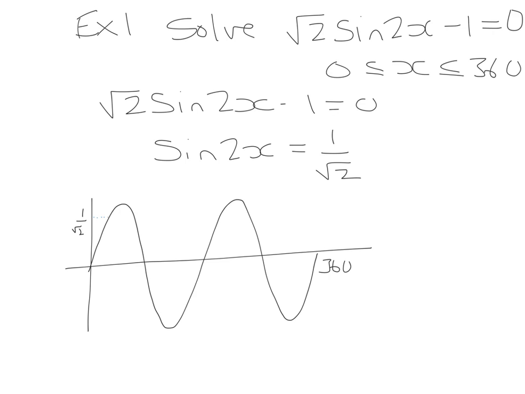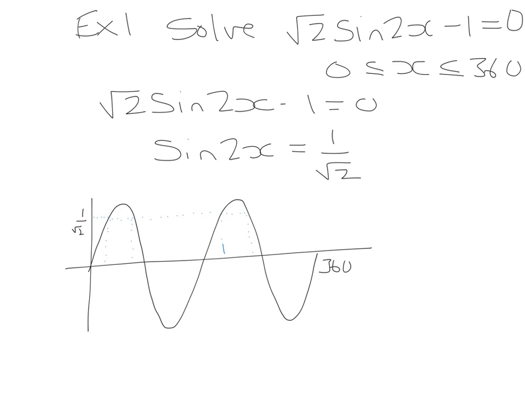Then in our first wave, we will have 2 values, so that's our two quadrants, and that's going to be quadrant 1 and 2 because our y value is positive, so we're looking for sine positive. However, we have a second wave, so we actually have 4 answers here, and that's what happens when we have multiple waves or multiple angles in a trig function. You end up with more than 2 answers.